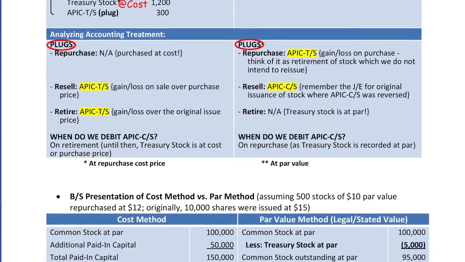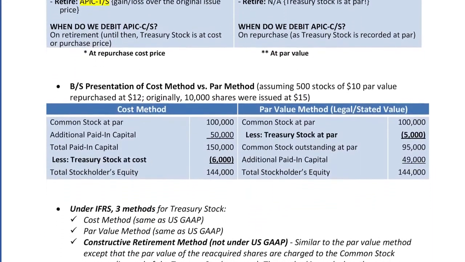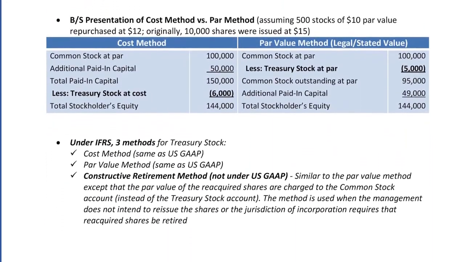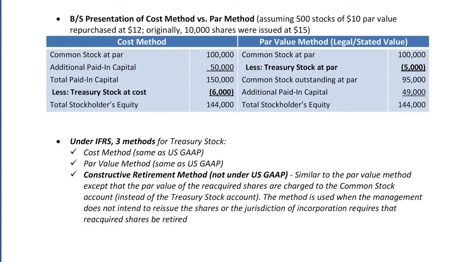On the second half of page 25, we got the balance sheet presentation of treasury stock accounted for under the cost method and the par value method. So under cost method, you have all the components of stockholders' equity, and at the end you do less treasury stock at cost, and right there, contra stockholders' equity.